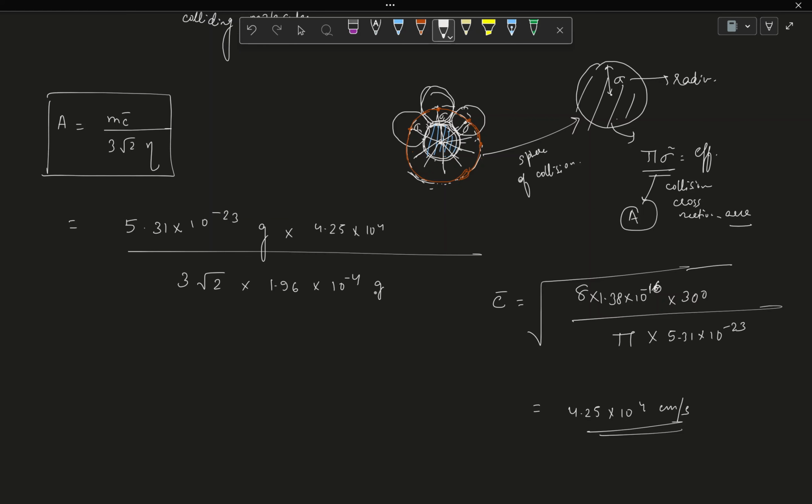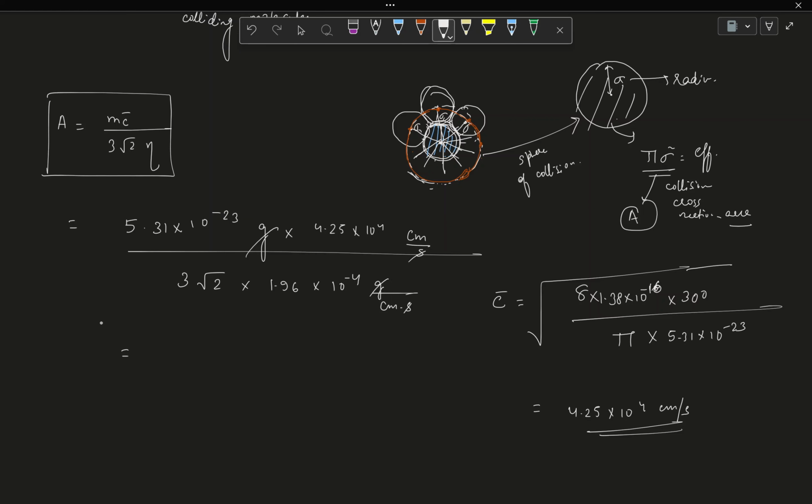This is gram per centimeter into second, and this C bar is centimeter per second. So gram and gram cancel out, centimeter comes on the top, centimeter into second, and second and second also cancel out. So this is just centimeter squared, which should be the effective unit of cross section area. So let us calculate 5.31 into 10 to the power minus 23 into 4.25 into 10 to the power 4, divided by 3 into square root of 2 into 1.96 into 10 to the power minus 4.